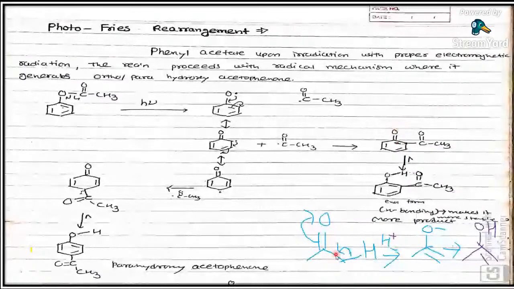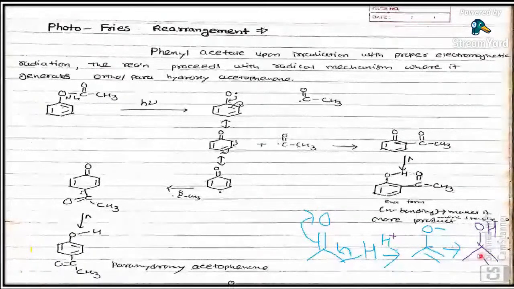When you have the CH3 C double bond O, or the CH2 structure, the proton will get abstracted, and the bond will shift towards this position. As a result oxygen will become negative, and that hydrogen will go to the oxygen, and you will get this enol structure. It means when you have the C double bond O structure, you can convert it into the enol form where the double bond is shifted to the adjacent position.